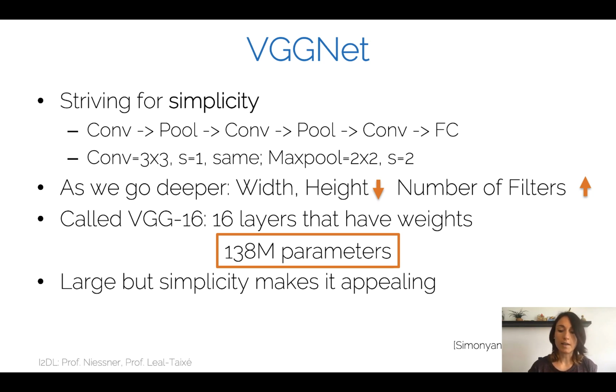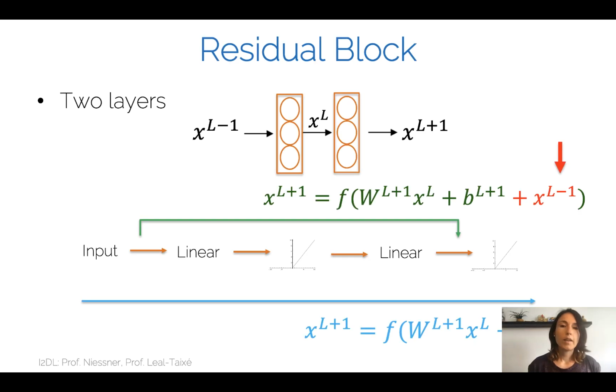made it actually very appealing. We then presented the residual block, a very important milestone into making networks deeper and deeper and still trainable. And the key insight was inside, for example, 2 layers. So we have this processing going from the output of layer L-1 to the output XL+1.